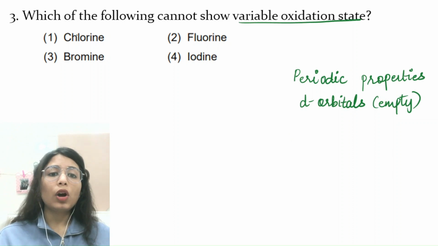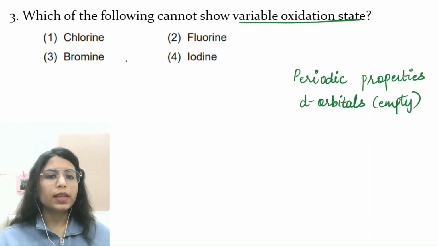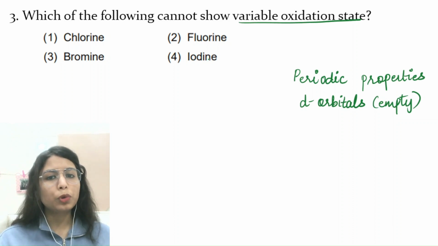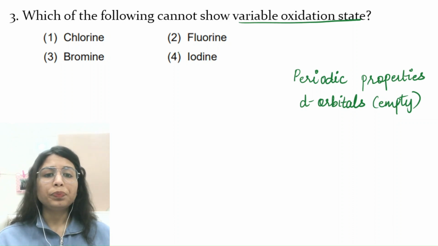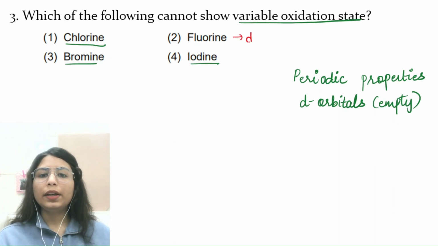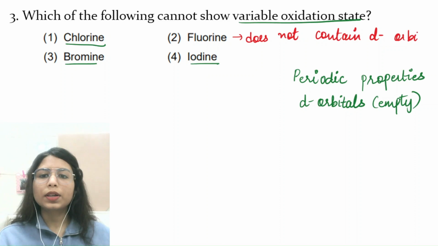So if I talk about the options, group 17 elements are given, that is fluorine, chlorine, bromine and iodine. Chlorine, bromine and iodine contain d orbitals, whereas fluorine does not contain d orbitals, due to which it is not able to show variable oxidation state.